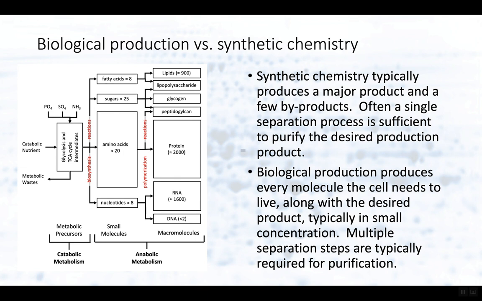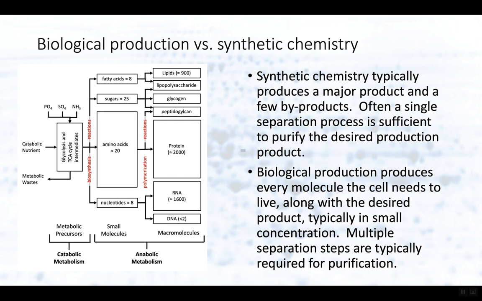Biological production, however, supports two things. The first is it supports its own synthesis. So the cell has to produce a complex system of small molecules and large macromolecules, DNA, RNA, protein, and lipids, in order to sustain its existence.